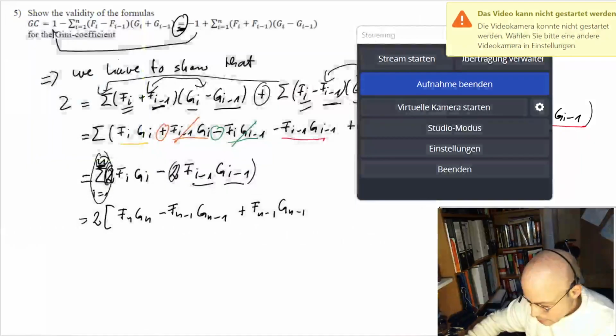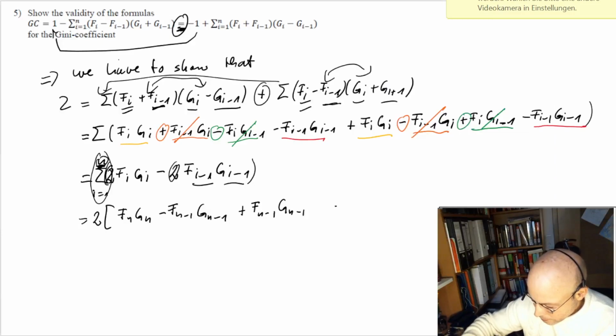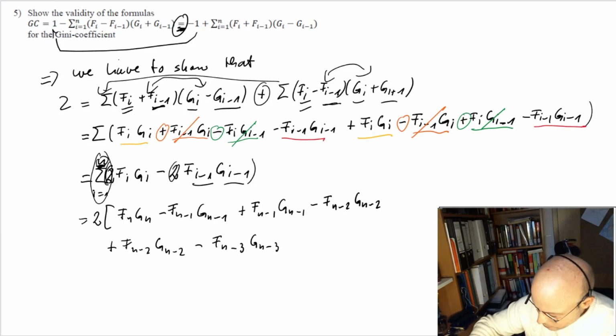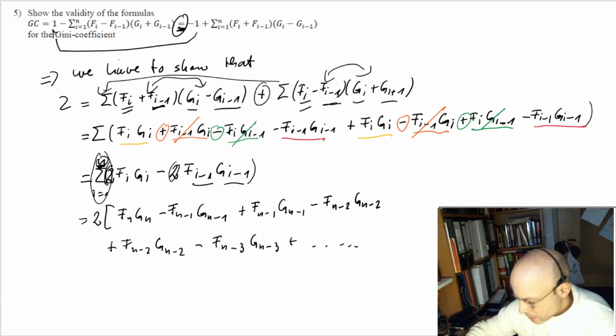Minus f_{n-2} g_{n-2}, plus f_{n-2} g_{n-2} minus f_{n-3} g_{n-3}, and so on and so on, and in the end again minus f0 g0.